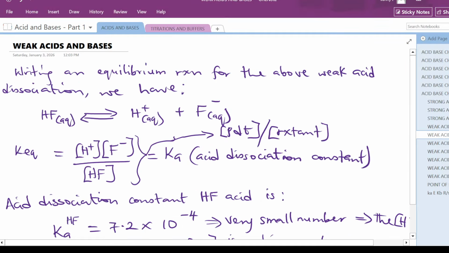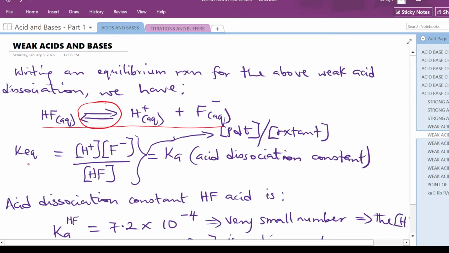So if we are to write the equilibrium of this hydrogen fluoride equation right here, this is how we'll see it. Now note that for weak acids, they will always have an equilibrium reaction, where you have the forward and the reverse reaction.